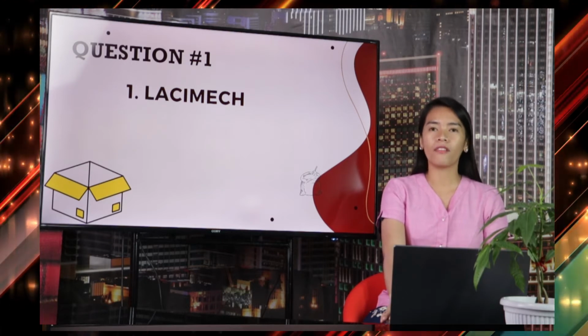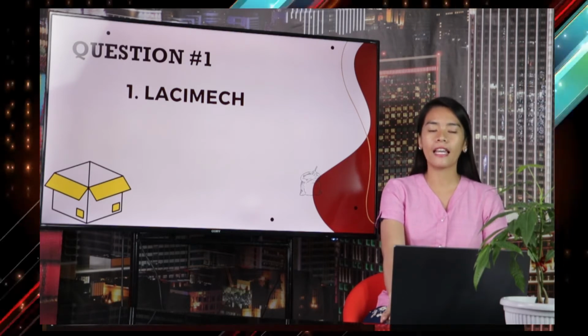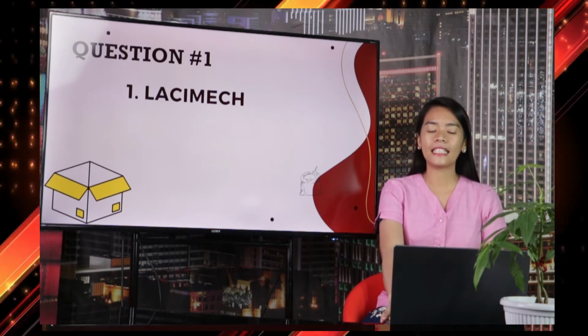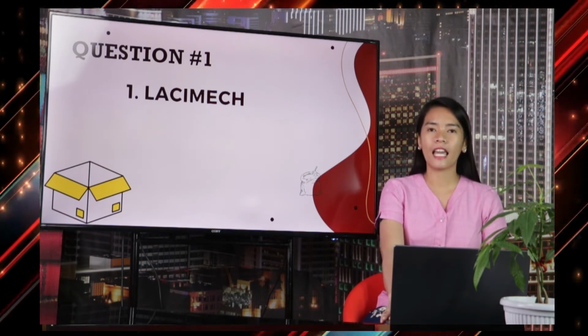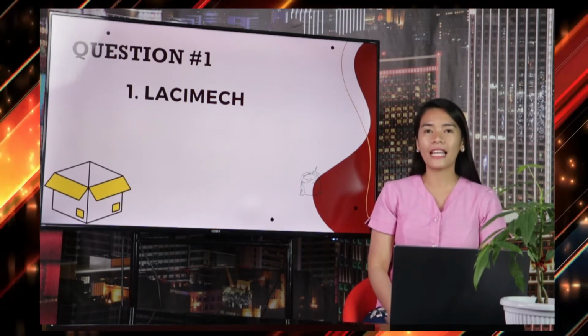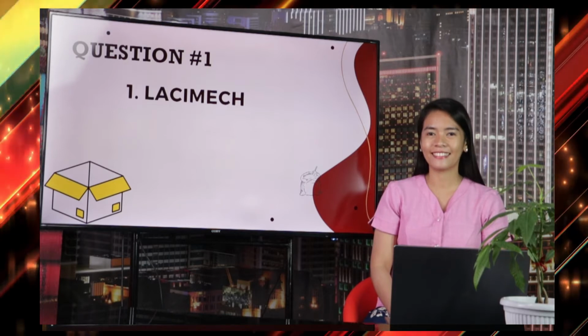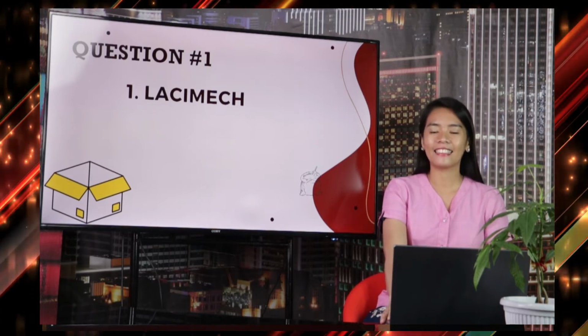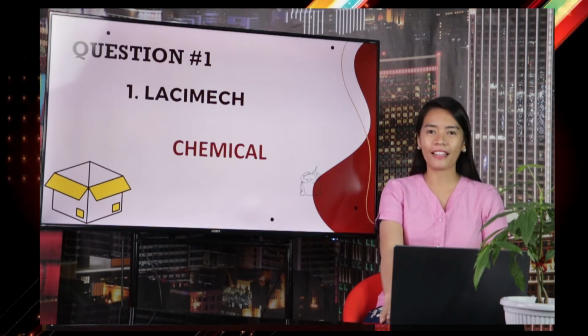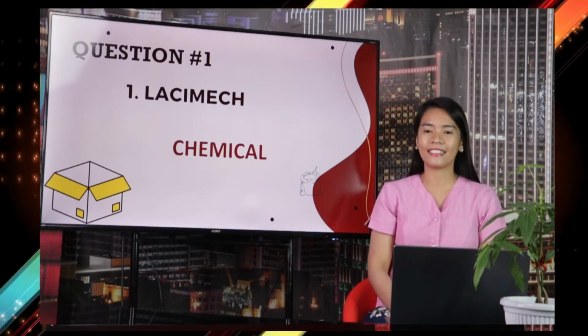Number 1 is we have L, A, C, I, M, E, C, H. What word is formed from the jumbled letters? Let's try to check. You are correct. It is chemical.